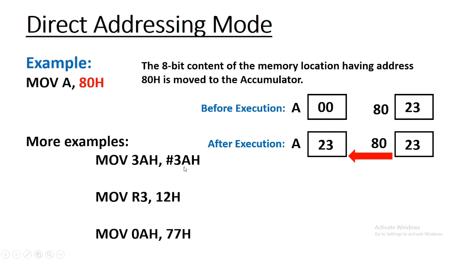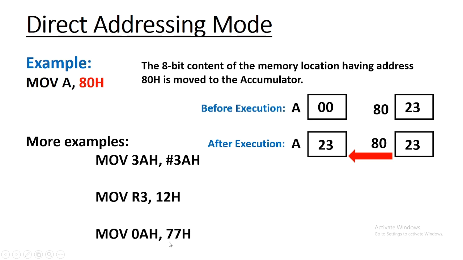So #3A is the 8-bit immediate data which is loaded into the memory location whose address is 3A. In the next instruction, MOV R3, 12, 12 is the memory location from which 8-bit data is copied into register R3 of the active bank. We know at a time only one bank is active.